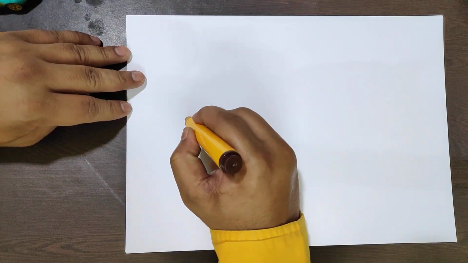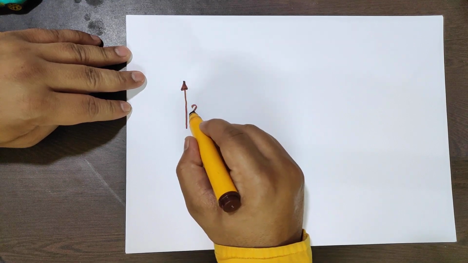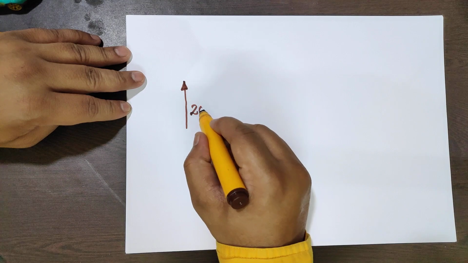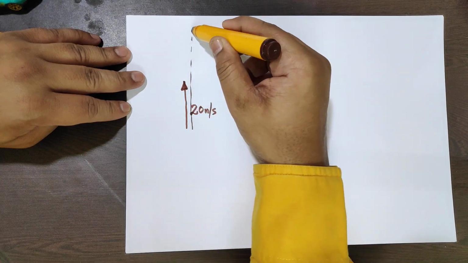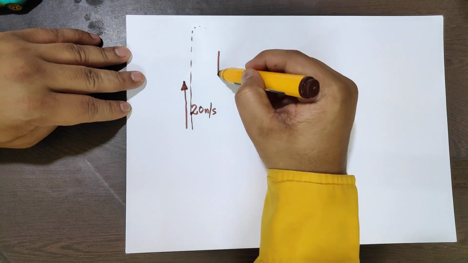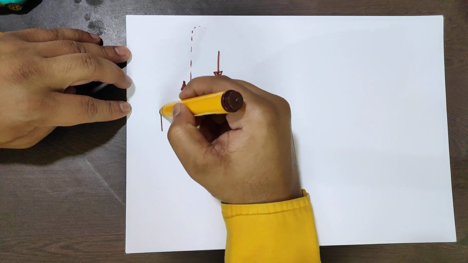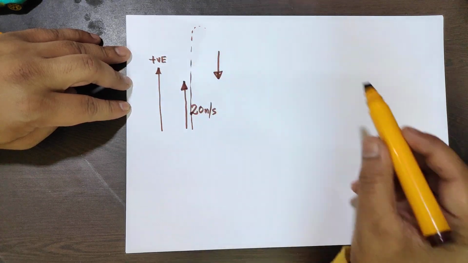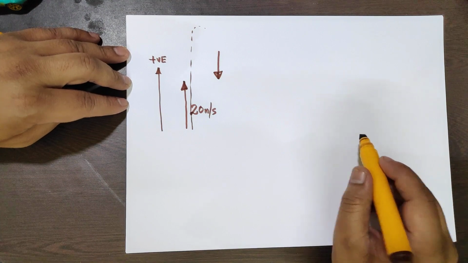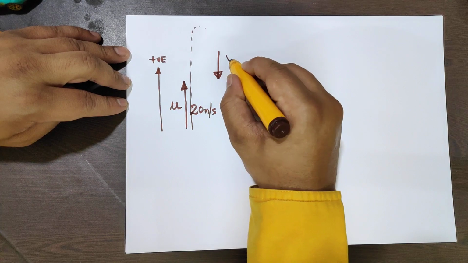Or suppose we give a new problem here, say a particle is thrown with a velocity 20 meter per second, right? So after some time, what will happen? Direction will reverse, and suppose you take this upward direction as positive direction. So what will you get? So that's u and this is v.